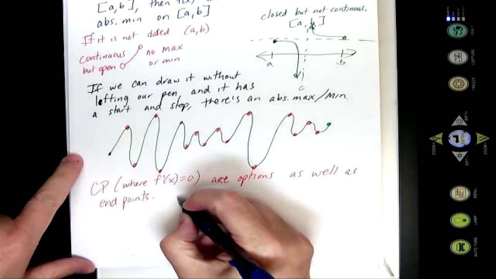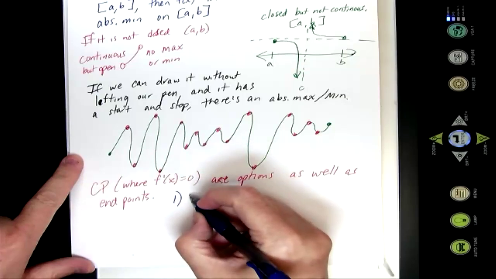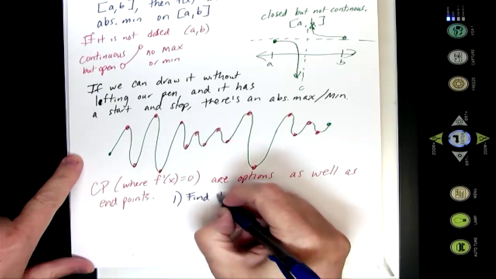So it's a very short process. First off, find the critical points from the first derivative.